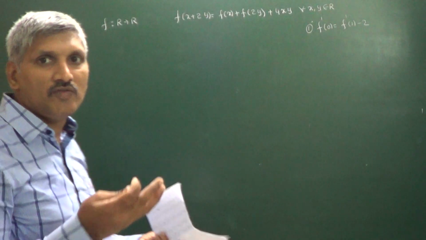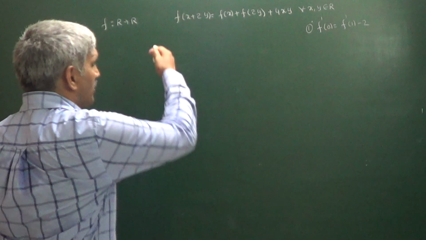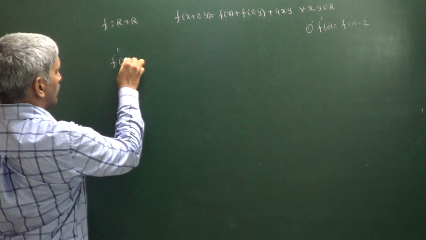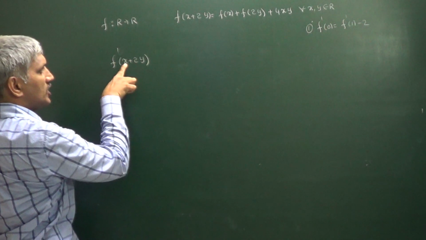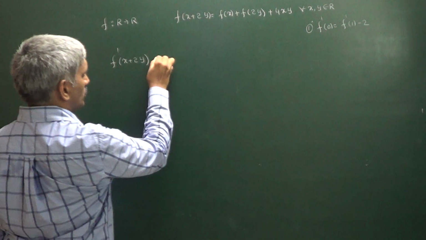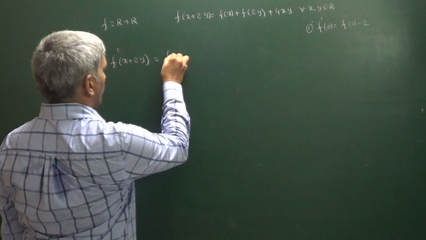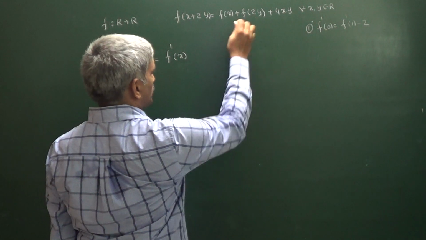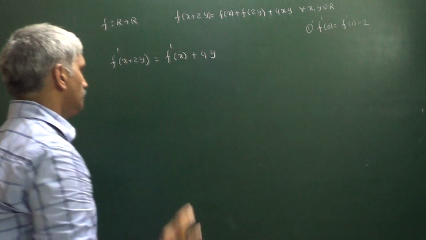When we differentiate one variable, the other one we can take as a constant. Come on, differentiate this one. f dash of x plus 2y into inner function differentiation 1 is equal to f dash of x, it is a constant, differentiation 0, plus 4y.